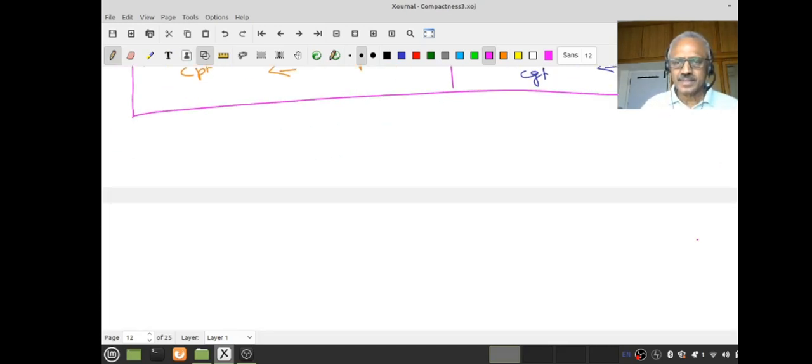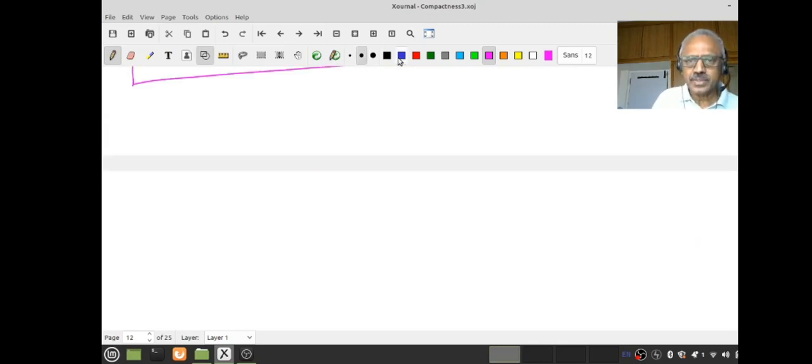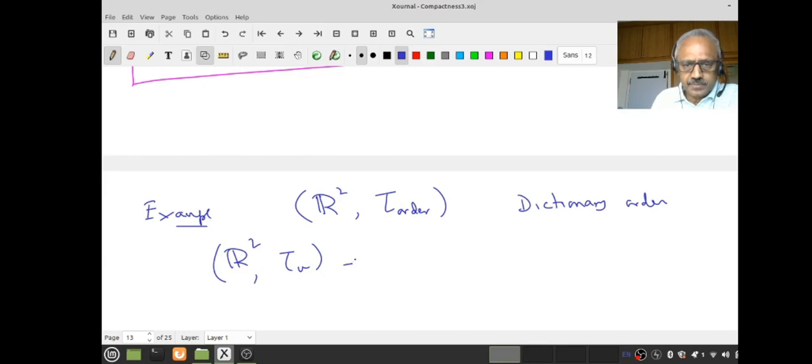Yeah? Okay. Now, this immediately gives the next example. Let's look at R^2 with the order topology. Okay, this is the dictionary order topology. So what we know is that on R^2, we also have the usual topology or the metric topology.